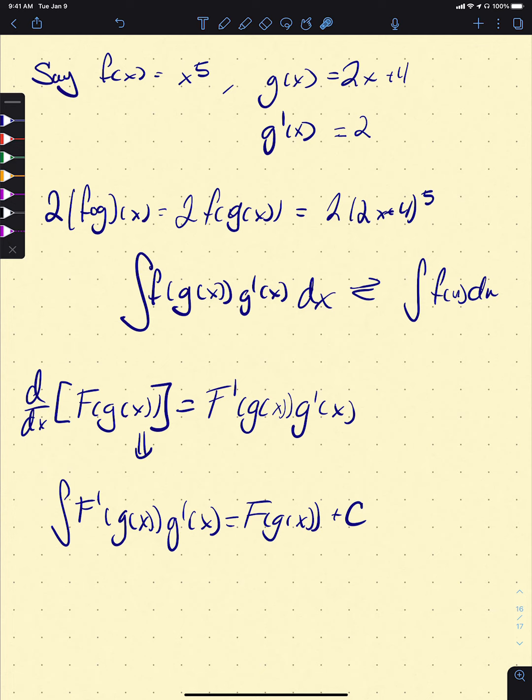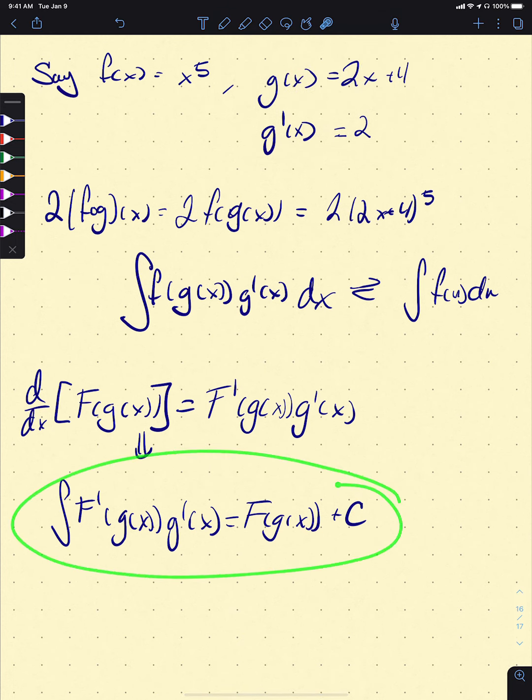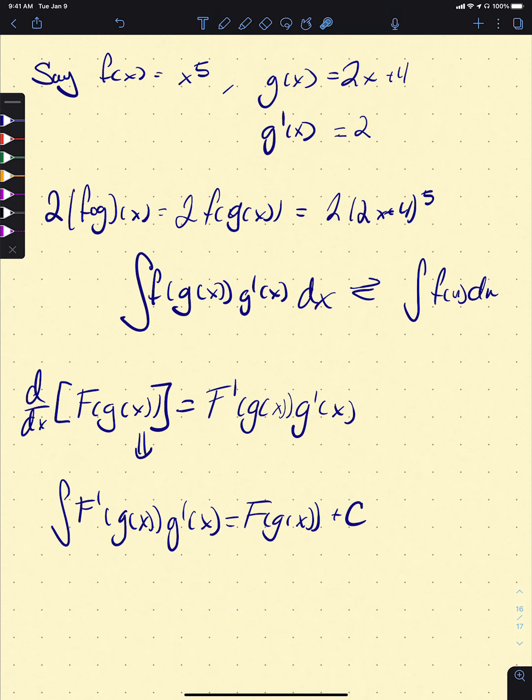But there are two things to notice here. Once we have this equation, we said that capital F was an antiderivative of lowercase f. So why not just write F prime as lowercase f? Additionally, let's let u equal g of x.